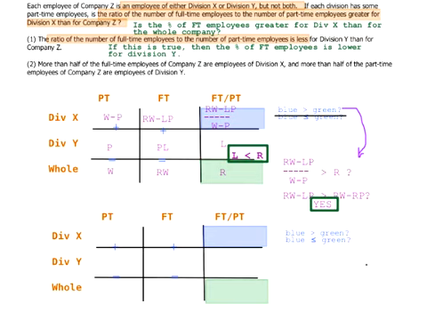Statement 2, we could probably just try to do the same sort of thing. More than half of the full-time employees coming to are employees in Division X. That means that this is more than that. No, I mean this is more than this. So if I say that is, I don't know, y plus some increment, and y, and then half the division Y has more part-timers, so we can call it x plus a quantity.